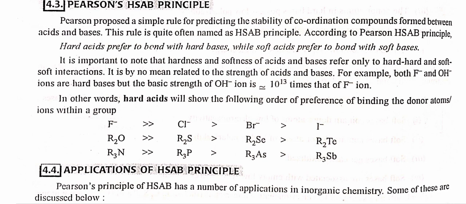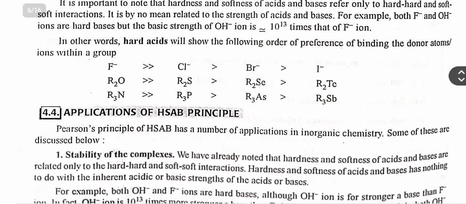For example, both F negative and OH negative ions are hard bases, but the basic strength of the OH negative ion is approximately 10 to the power 13 times that of the fluoride ion. In other words, hard acids will show the following order of preference of binding the donor atoms within a group.